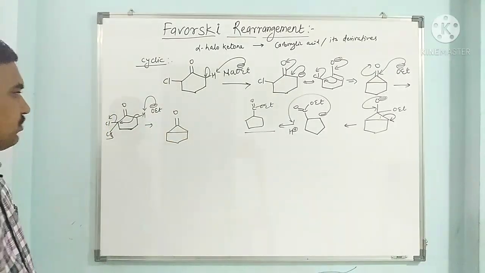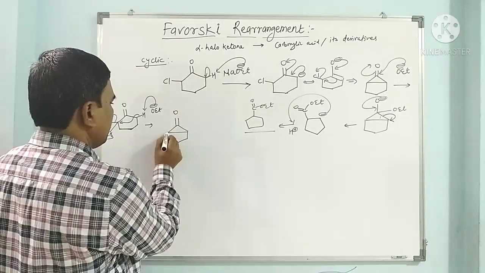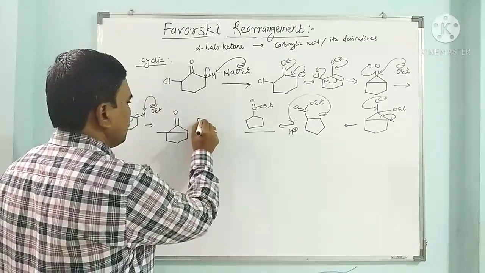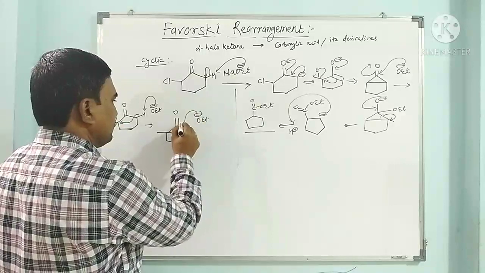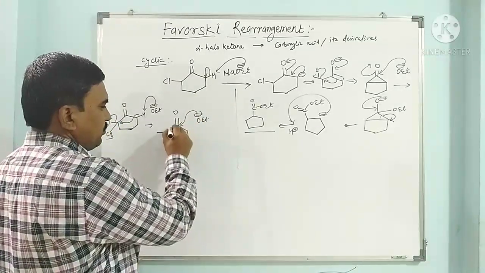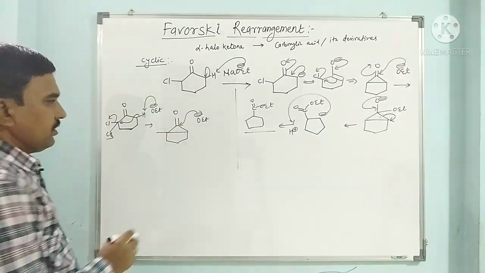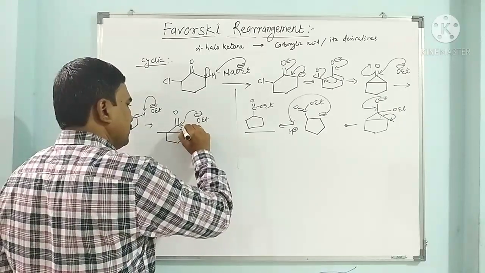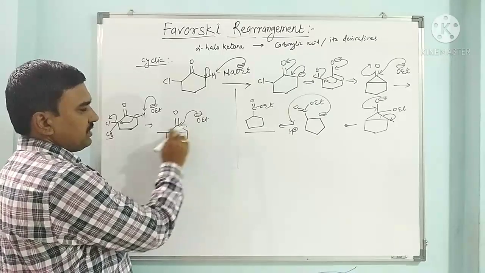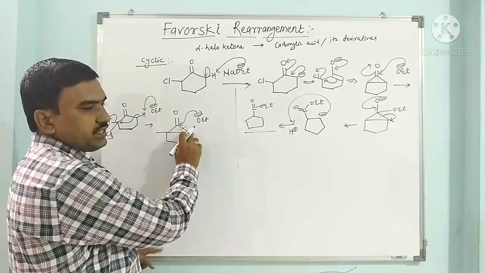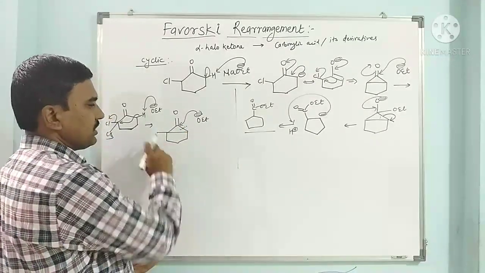Now in this cyclopropanone intermediate, here there is a methyl. In the next step, this OEt attacks here. Now this bond or this bond can be cleaved, but if this bond is cleaved, it generates a more stable carbanion. This is a secondary carbanion, this is tertiary, so the secondary should be generated, because a secondary carbanion is more stable than this.